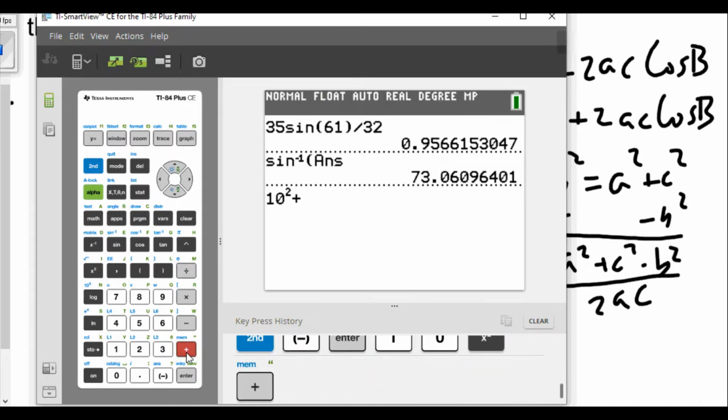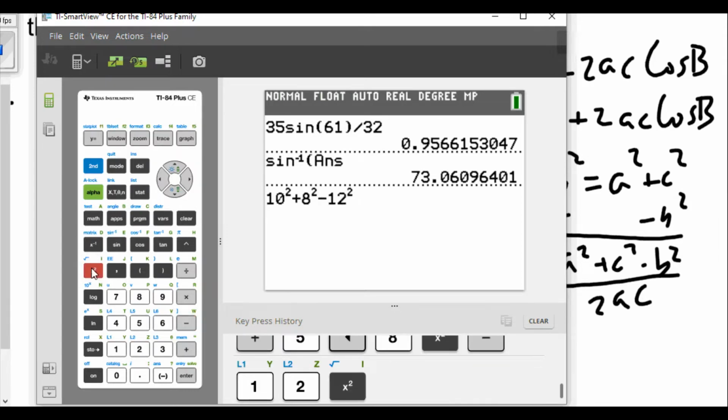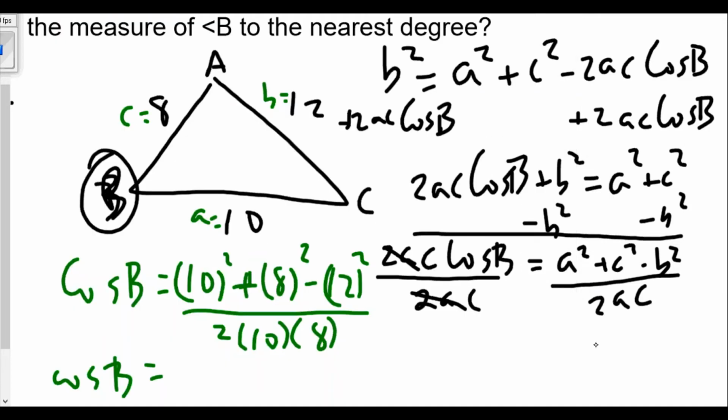I'm going to find this value separately. So enter, I get 20. And then we do 2 times 10 times 8. That's going to be 160.